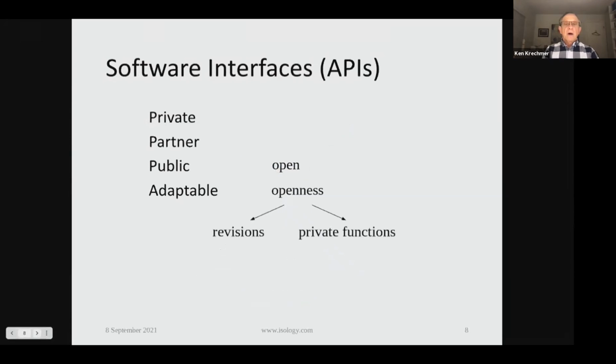Okay, so now I'm thinking that many people came to this conference or webinar to discuss software interfaces, which I'm using the general term APIs to describe. Currently, software interfaces are thought of as private, partner, and public.